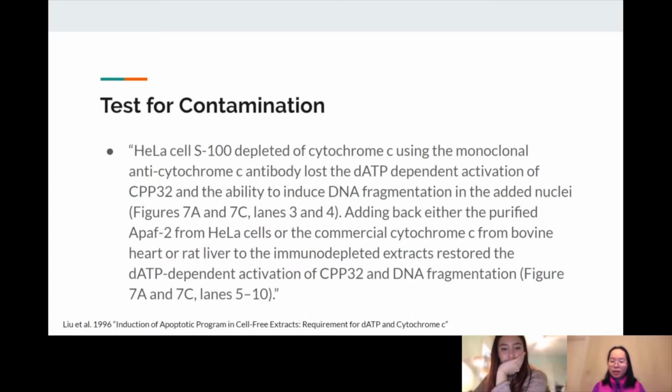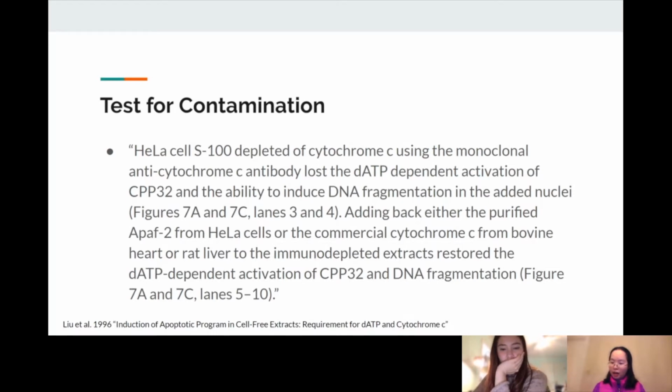And then finally, with this antibody depletion assay, to see if you remove it, whether or not the expected effect disappears. So these are all steps that were designed based on the results that you get from a previous part of the experiment.